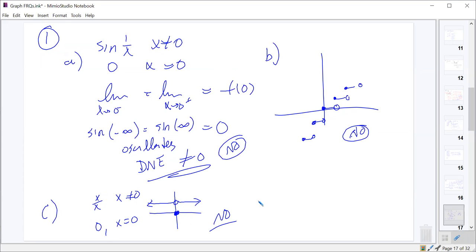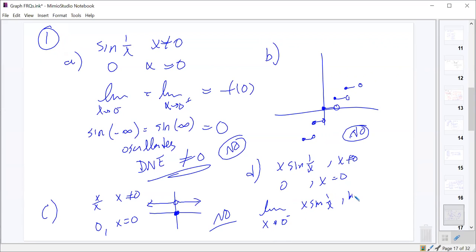And then D gives us x sine 1 over x for x not equal to 0, and it gives us 0 for x equal to 0. So we need to find the limit as x approaches 0 from the left of x sine 1 over x, which we've proven earlier this year. We did this by the sandwich theorem.